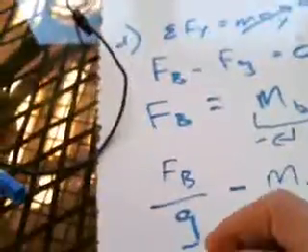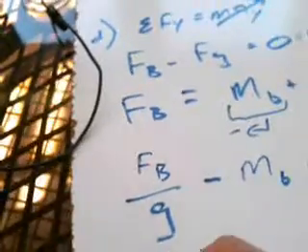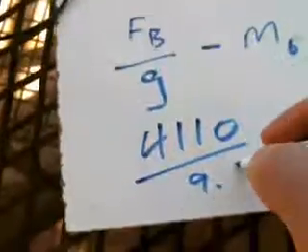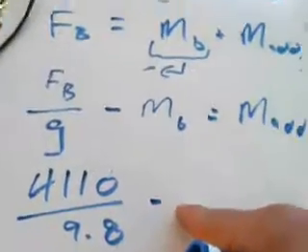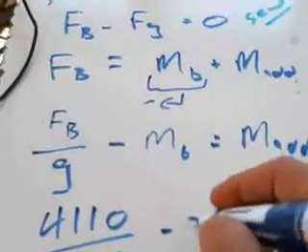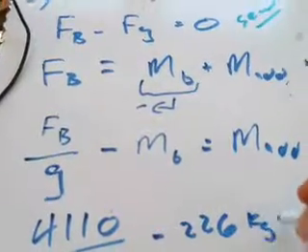If you want to use the actual 4,108.65, you can, but 4,110, I'm going to divide that by 9.8. So there's your FB divided by g. From that, I'm going to subtract the mass of the balloon, which was given at the beginning, 226 kg.